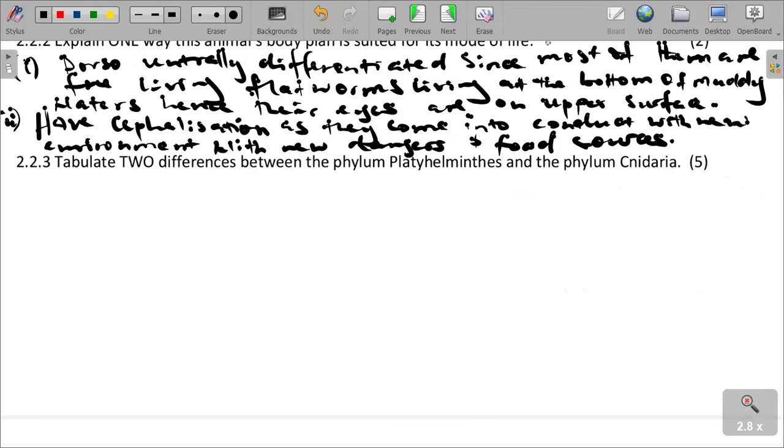So next question, it says tabulate two differences between the phylum Platyhelminthes and the phylum Cnidaria. When they say tabulate, it means they want you to put them in a table form, so we draw a table here.